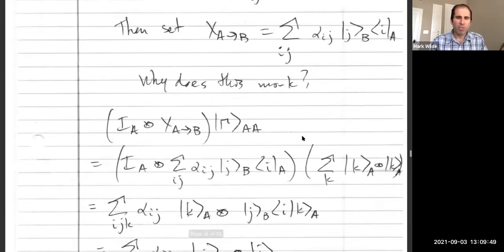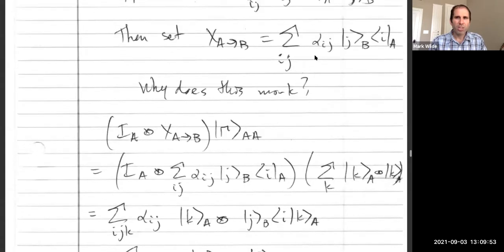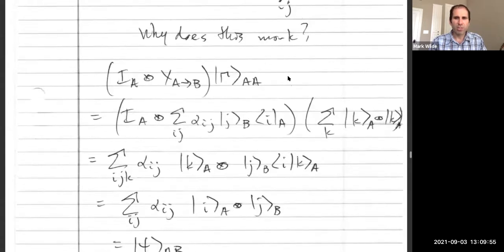So this is the correct choice of the operator that satisfies this condition. And let's just verify that quickly. So why is it true? Well, consider this. Take the definition of gamma. And now let's use the property of the tensor product where this identity will act on the first factor, and then this operator will act on the second factor. Everything's nice and linear, so the sums can come out and the coefficients as well.